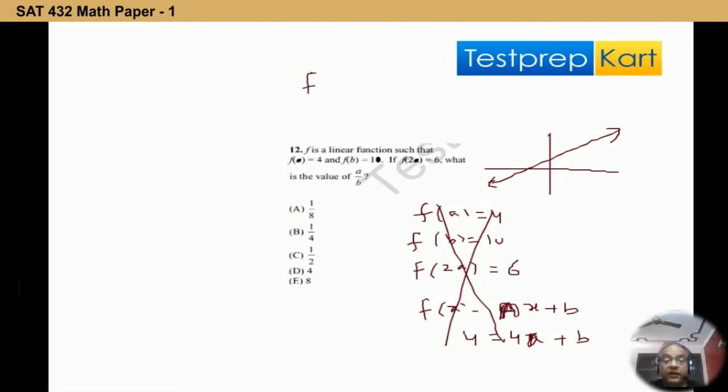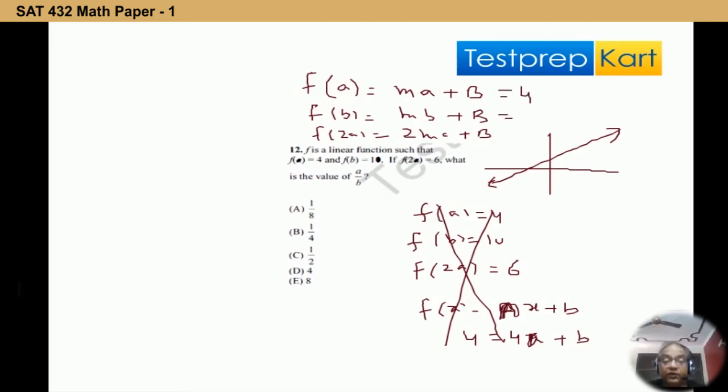As I said, f(a) will be, let's say, ma plus capital B. f(b) will be equal to mb plus capital B. So f(2a) will be equal to 2ma plus B, and this one is equal to 4, this is equal to 10, and this is equal to 6.